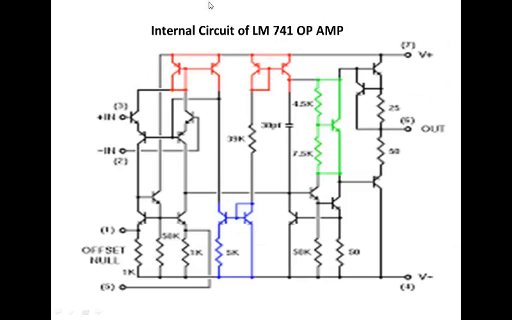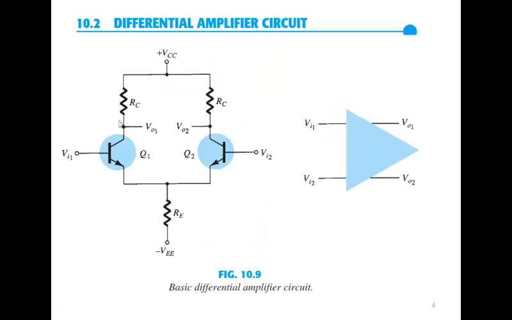This is the internal circuit of the 741 op-amp, in which this is the input stage and this one is the output stage. The input stage is a differential stage that we will try to study in today's class.